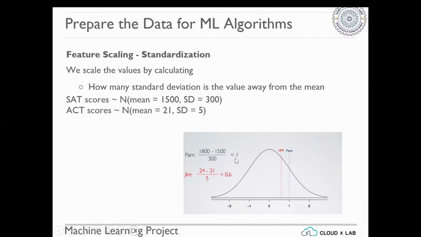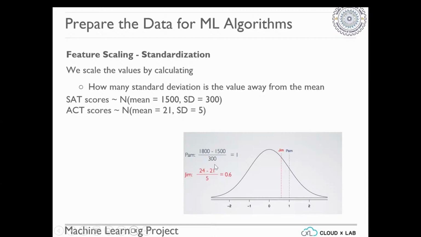What does this value 1 signify? It is telling us that this particular feature value 1800 is one standard deviation away from its mean. And the value 24 is 0.6 standard deviations away from its mean.